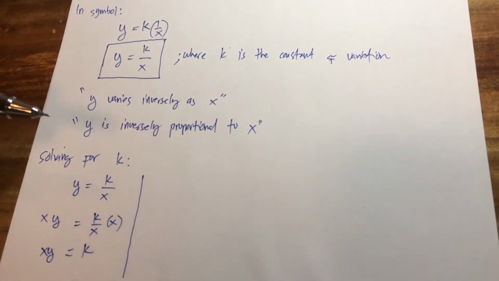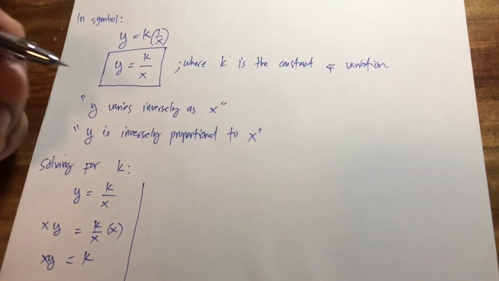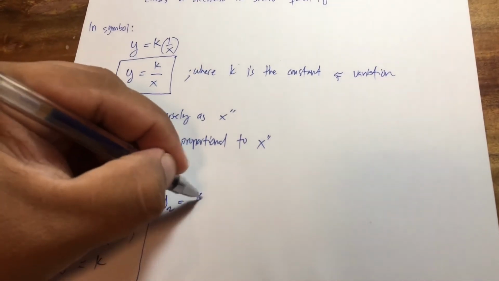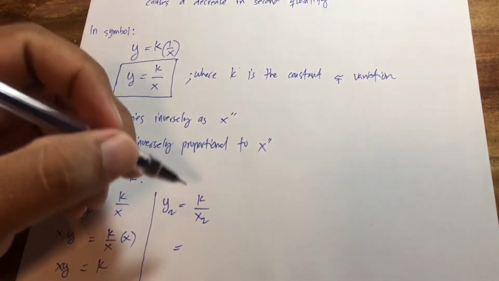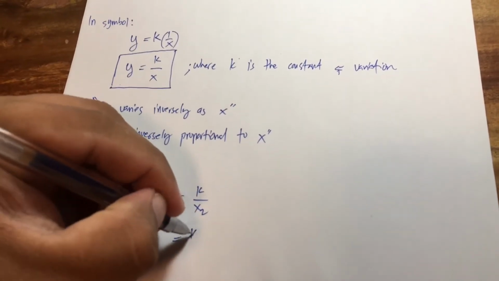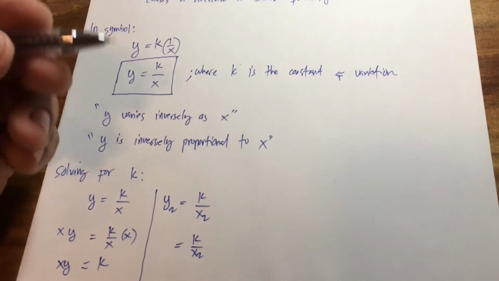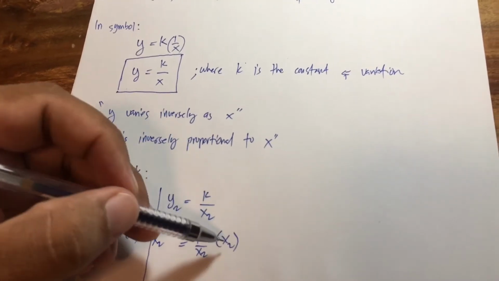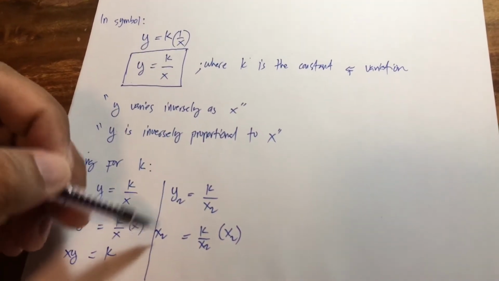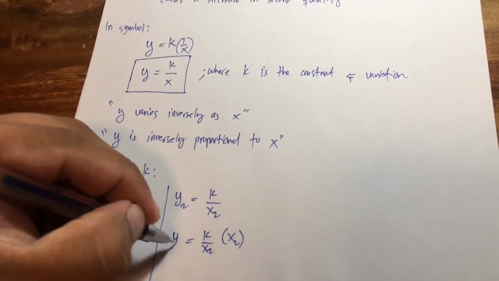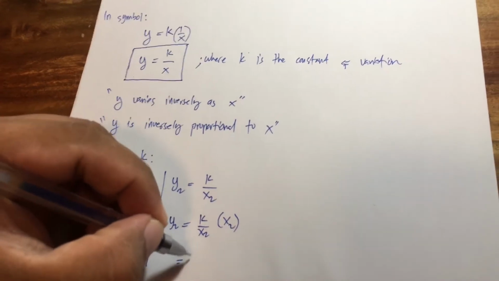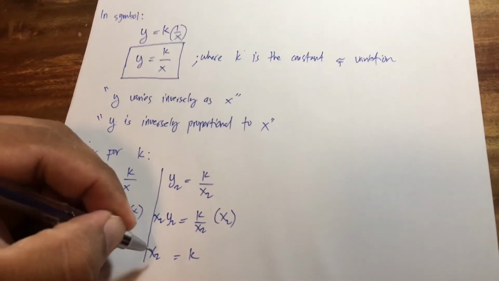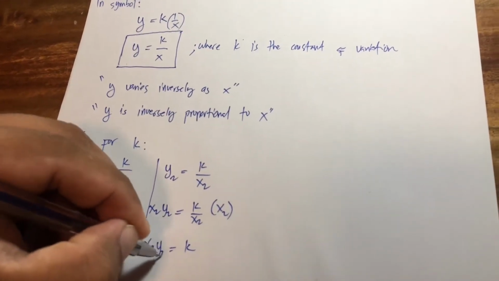If ever you have another pair of x and y, say y subscript 2 equals k over x subscript 2, solving for k again, by the multiplication property of equality, multiply both sides by x subscript 2. On the right side k cancels x subscript 2, and on the left side x subscript 2 times y subscript 2 equals k.